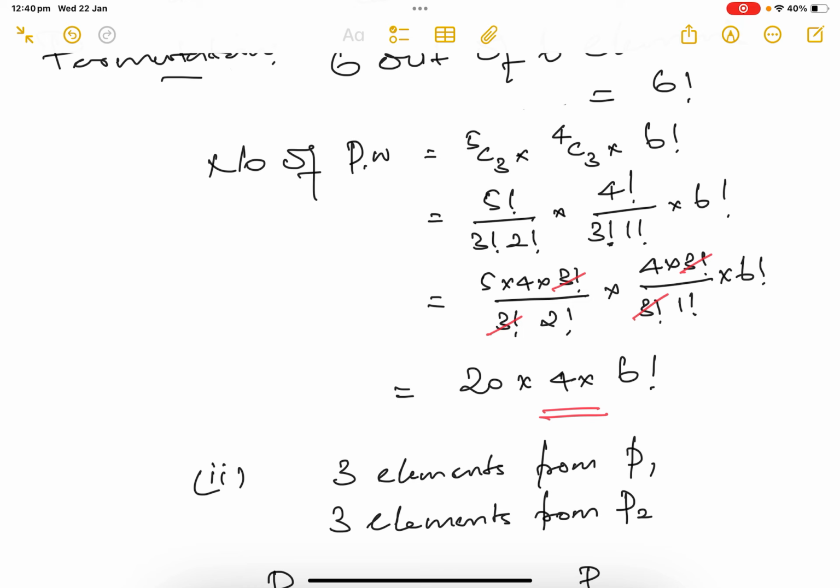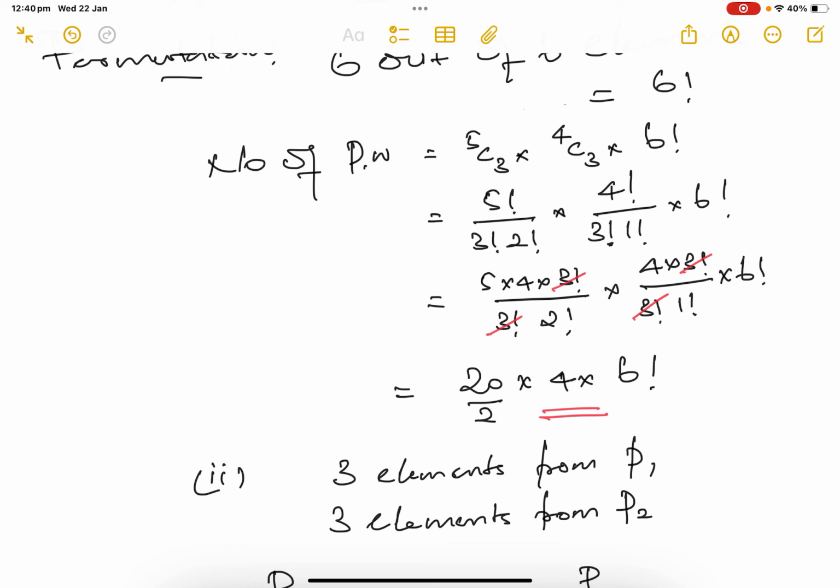Then 4 factorial can be written as 4 times 3 factorial, and with the denominator 3 factorial, 1 factorial, again the 3 factorial cancels out. So what we are left with is 5 times 4 divided by 2. 5 times 4 is 20, divided by 2.